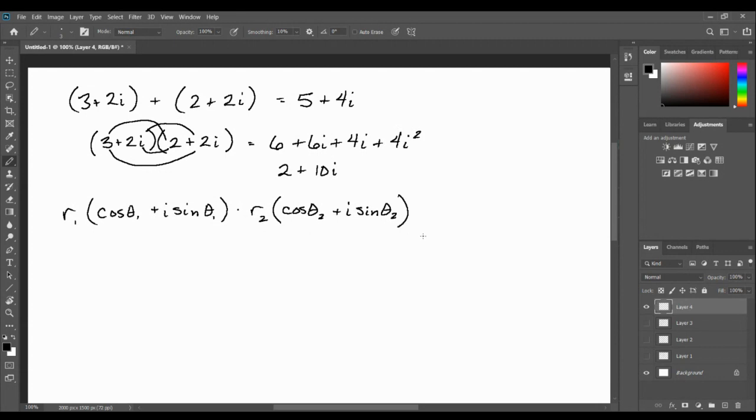Now, if we're multiplying those together, it's slightly different in that the result is r1 r2, so you multiply those together, times cosine of theta 1 plus theta 2. So you add the angles inside here.